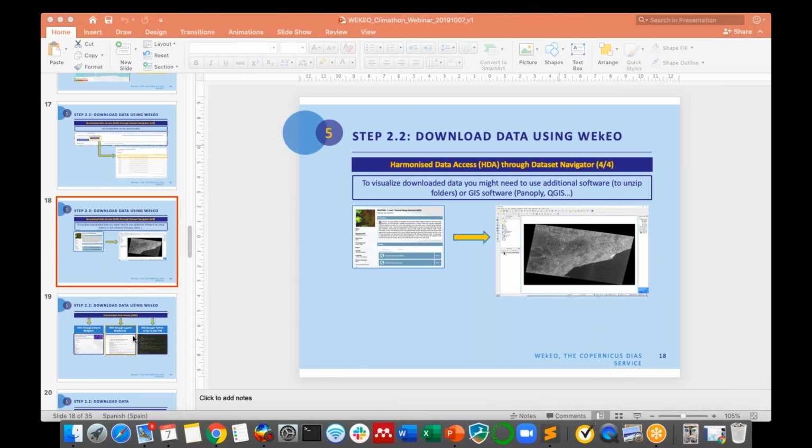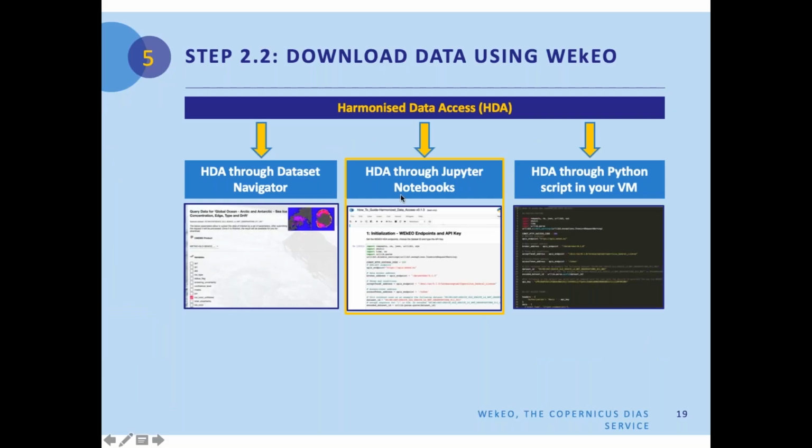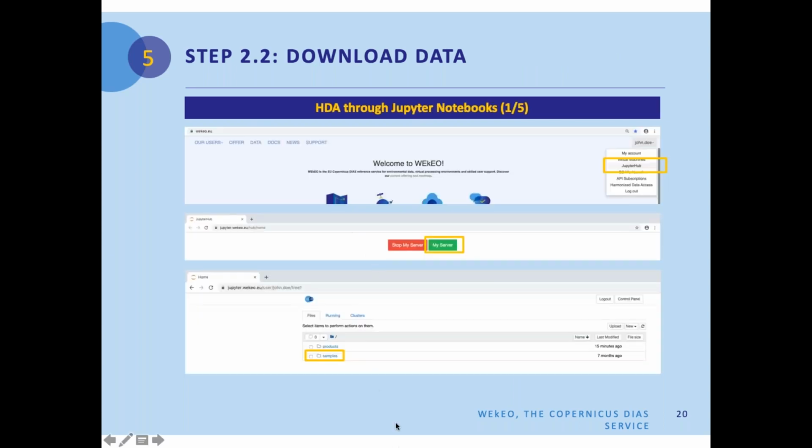If I continue now with the other ways of downloading data, we can just go to the access through Jupyter Notebooks. As I was saying, this might require a little bit of Python programming in advance, but it can still be used because it's a very guided step-by-step solution. So as you can see here, we have to go to the main page of WEkEO.